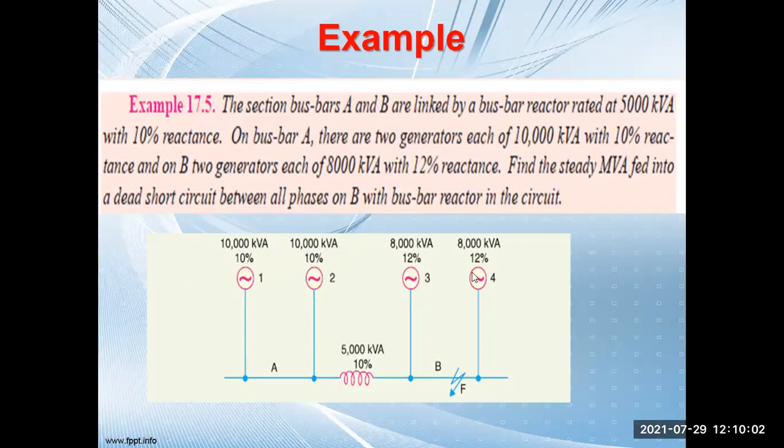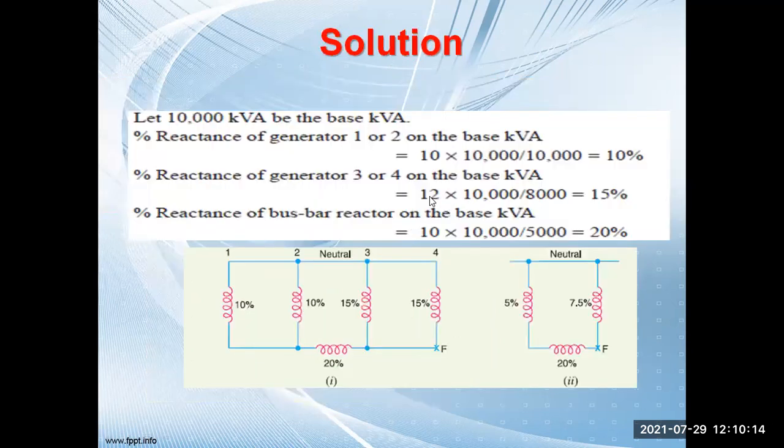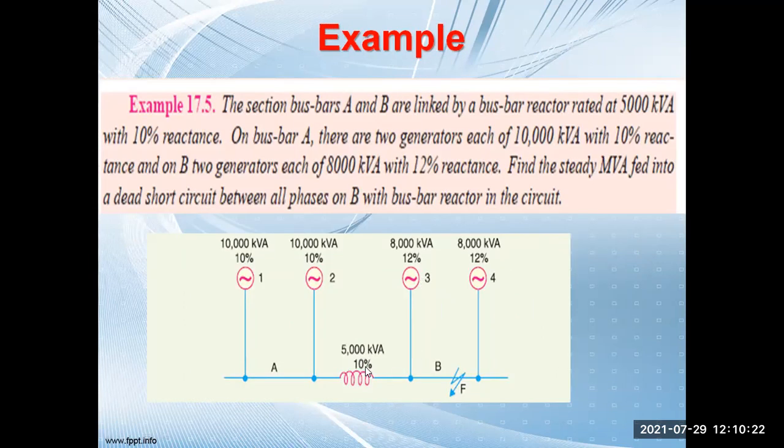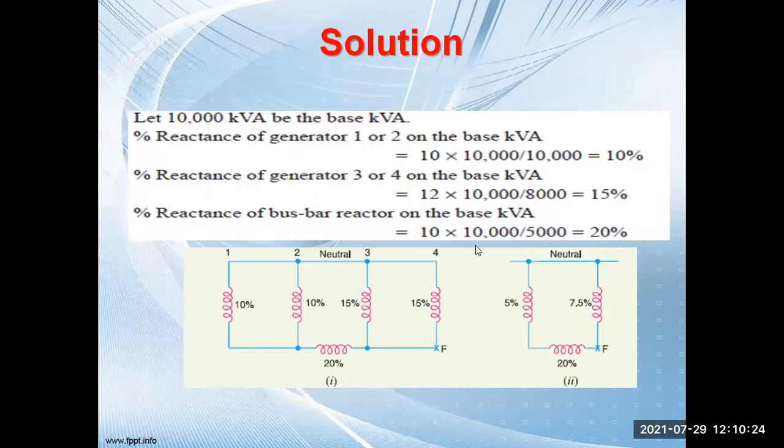For generators 3 and 4, the rating is 8,000 kVA, so we need to convert the reactance to the 10,000 kVA base. This will be 12 into 10,000 by 8,000, which is 15%. Now the percentage reactance of the busbar reactor, which is 5,000 kVA and 10%: this will be 10 into 10,000 by 5,000, that is 20%.